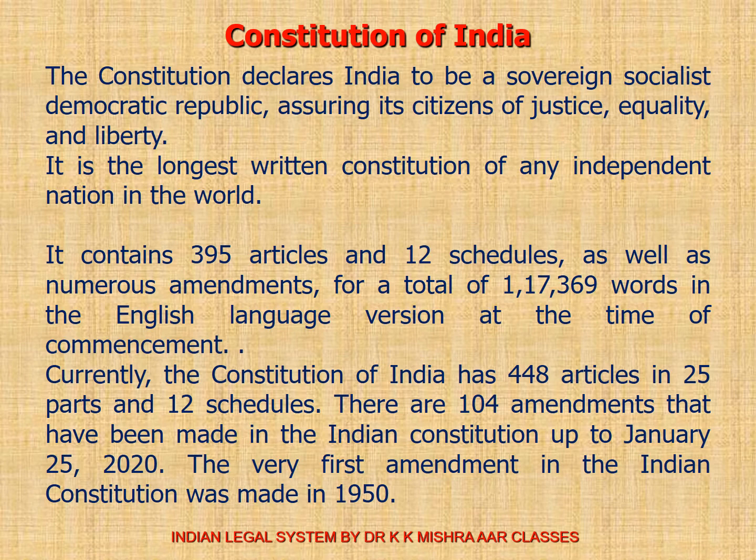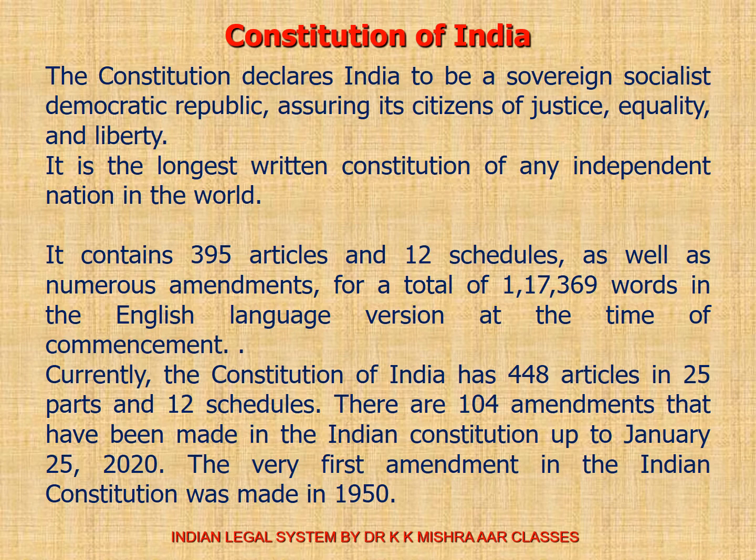It is the longest, as I said earlier, written constitution of any independent nation in the world. It contains 395 articles and 12 schedules, as well as numerous amendments, for a total of 1,17,369 words in the English language version at the time of commencement, let me tell you.